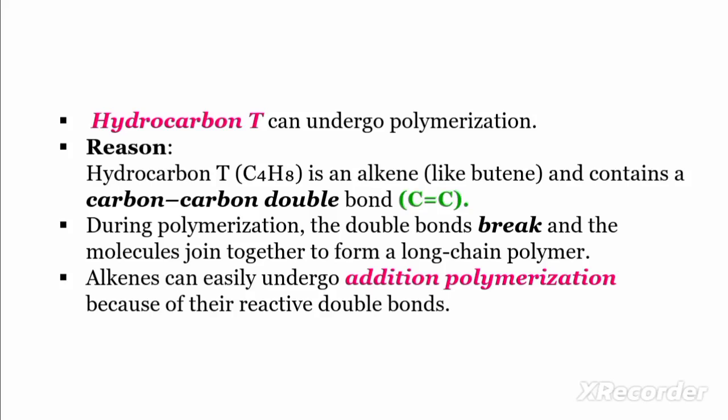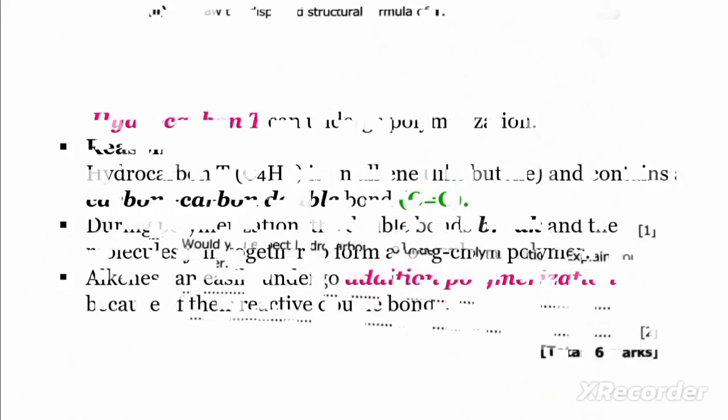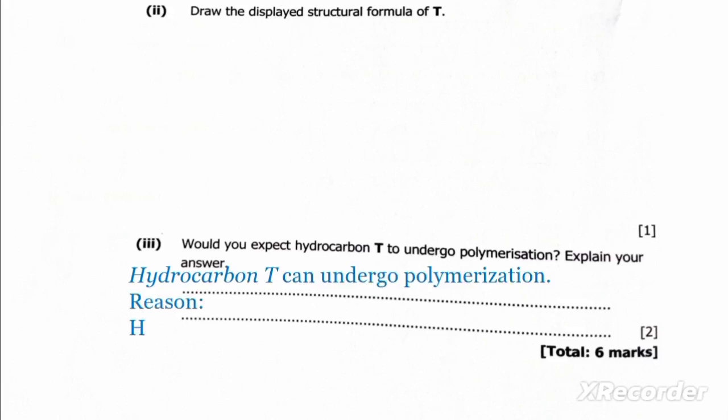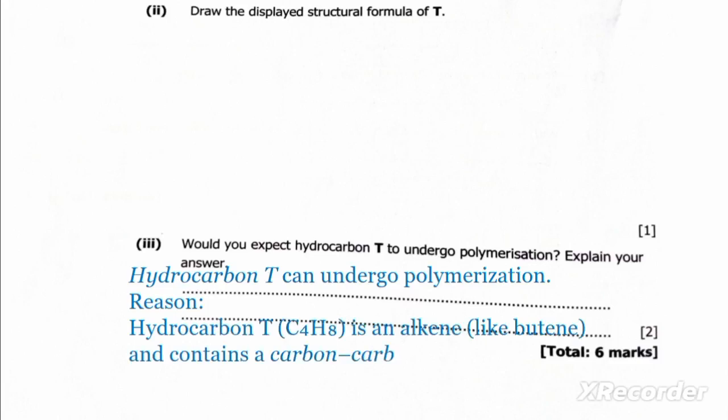Alkenes can easily undergo addition polymerization because of their reactive double bonds. So therefore, we are going to say hydrocarbon T can undergo polymerization because hydrocarbon T is an alkene with a double bond.